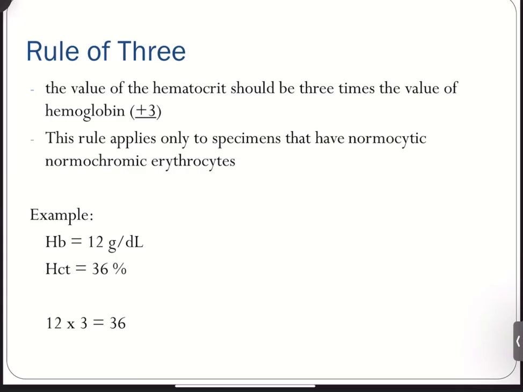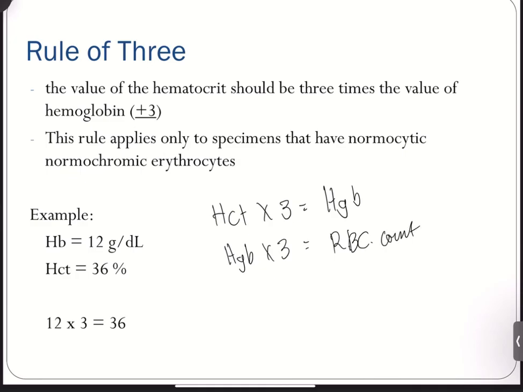So your hemoglobin times 3 is equal to your hematocrit. Your RBC count times 3 is equal to your hemoglobin. Your hematocrit divided by 3 is equal to your hemoglobin, and your hemoglobin divided by 3 is equal to your RBC count. So that's the rule of 3.